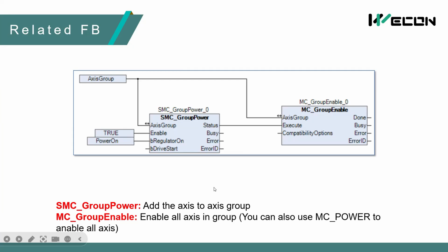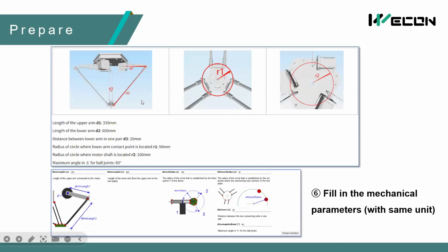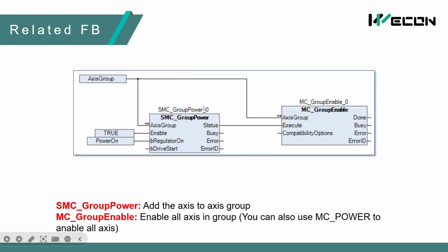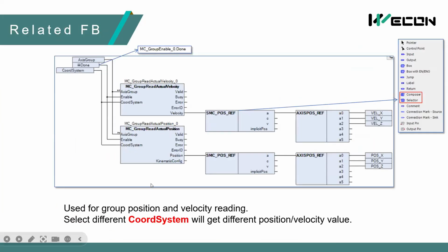You can also use MC power to enable all axes with three MC power function blocks, because here we have three axes in this group. And group read actual velocity and group read actual position.